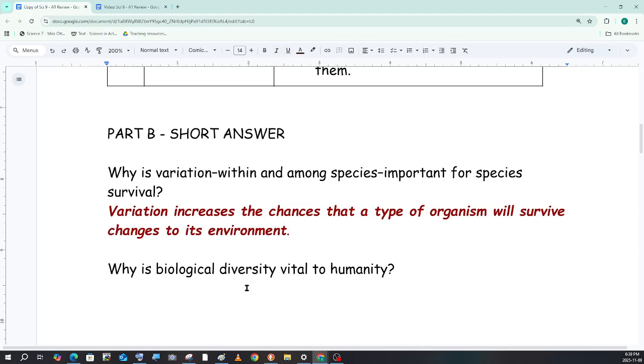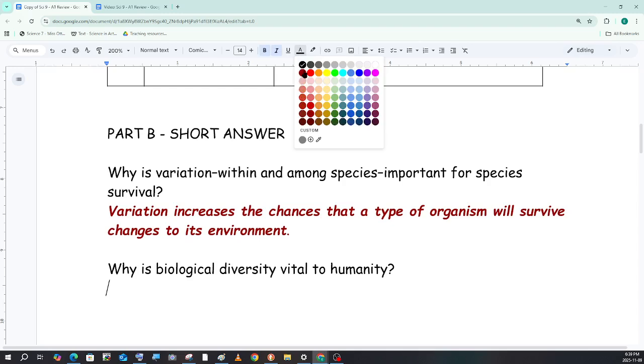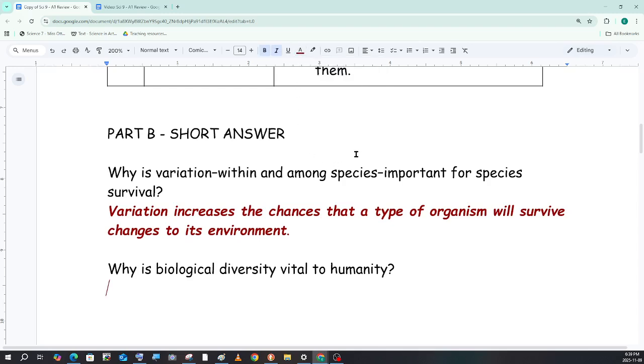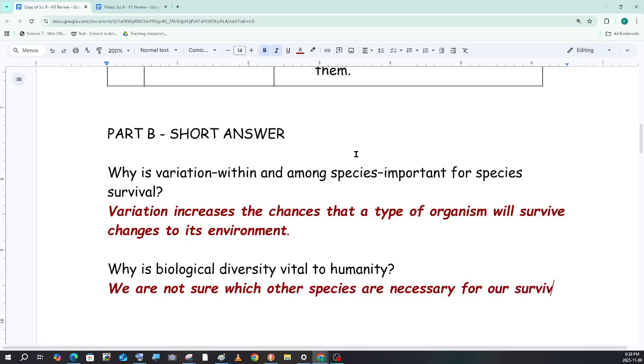The next question was, why is biological diversity vital to humanity? The reason why it's so vital is because we are not sure which other species are necessary for our survival.